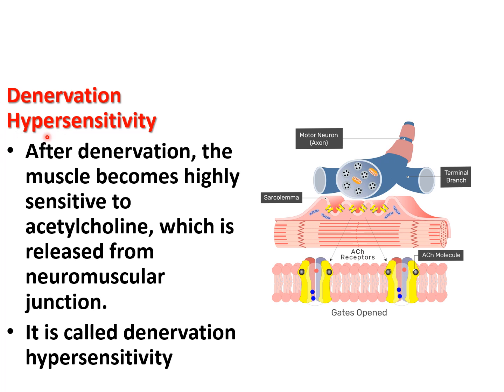Then denervation hypersensitivity. After denervation, the muscle becomes highly sensitive to acetylcholine, which is released from the neuromuscular junction, and it is known as denervation hypersensitivity. Here are the acetylcholine molecules, and these are the acetylcholine receptors, and the gates are open.